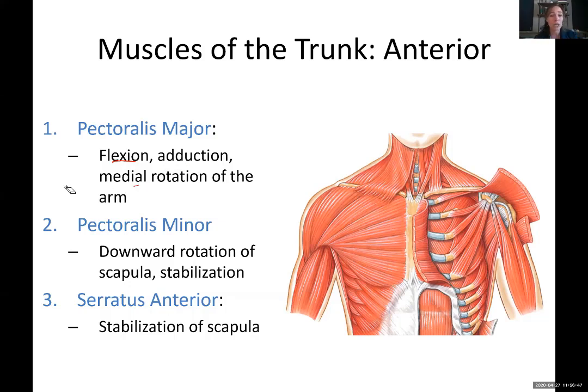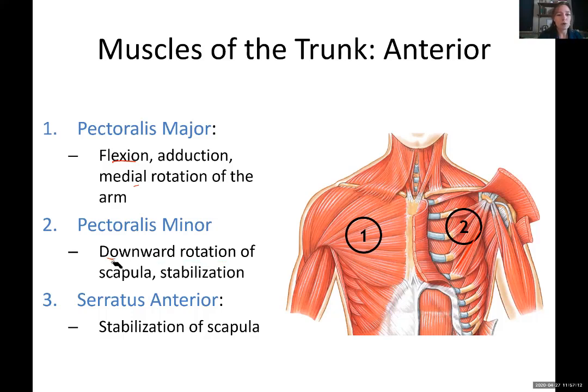Pectoralis minor is also in your chest, but it's just smaller. So pectoralis minor is over here and it's attached to a few ribs. It's attached up here to the scapula. And so it's not very robust at all, but it does downward rotation of the scapula. It helps to rotate it forward.